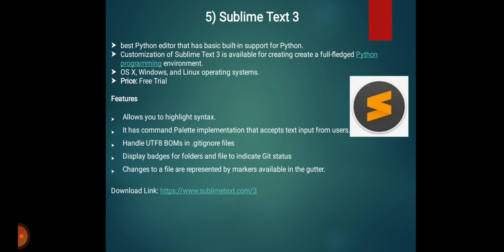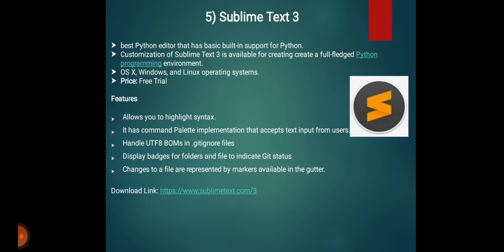Then what are the features? Features of this tool is it allows you to highlight syntax. Whenever you have to highlight your syntax, you can use this tool for that specific purpose. Again, it has command palette implementation that accepts text input from the user.